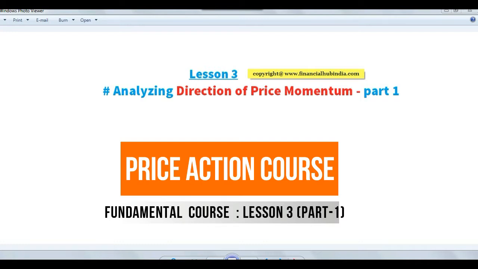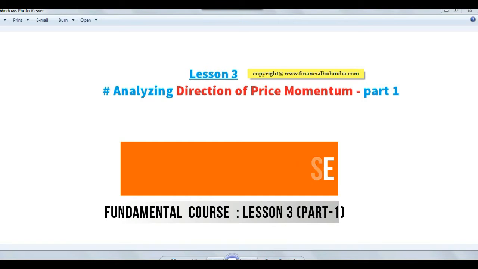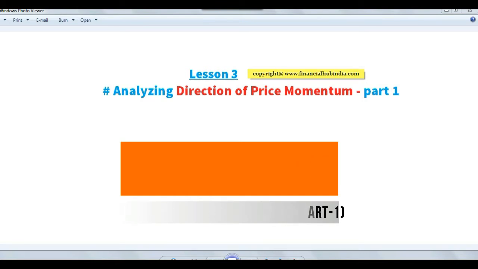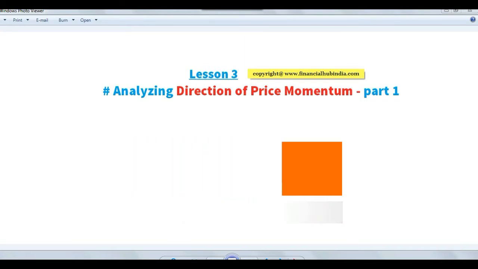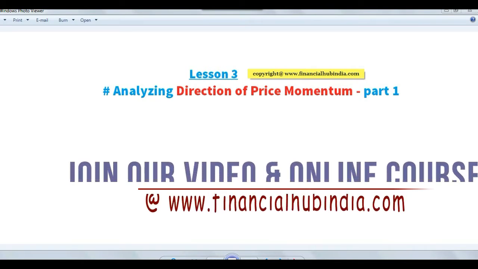We have learned to draw some particular structures in the form of lines going up and down on a plain chart, so that we can get the direction of the overall market momentum or the price momentum. Why have we drawn those lines on the chart? Basically because looking at a particular candle or a bunch of candles, it's hard for us to analyze which way the price is heading.